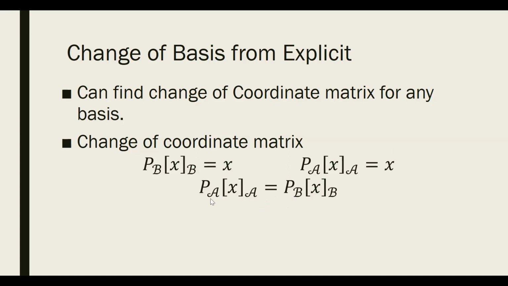And we already saw that since A and since B are bases, these will be invertible. So if we want to go from A to B, all we have to do is move the change of coordinate matrix PB over here with an inverse. If I want to go from B to A, all I have to do is move the change of coordinate matrix over here with an inverse.